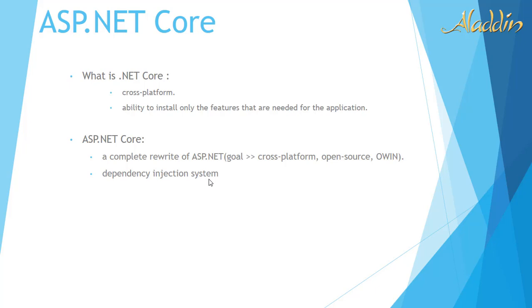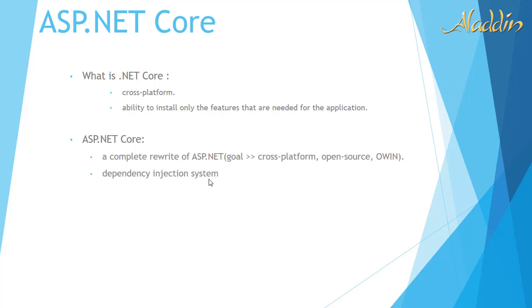With the .NET platform, we know we can run an ASP.NET website on a Windows server. .NET Core gives us the ability to run our project or our website on a Linux server.